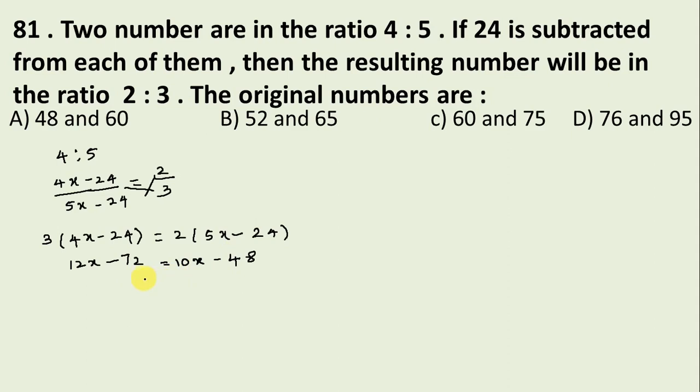Take x terms to one side and numbers to the other. It becomes 12x minus 10x equals plus 72 minus 48. 12x minus 10x is 2x, and 72 minus 48 is 24.